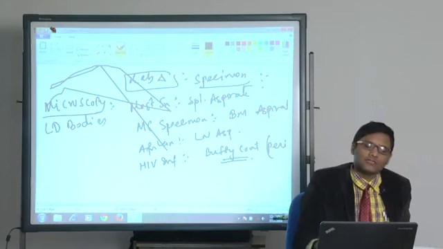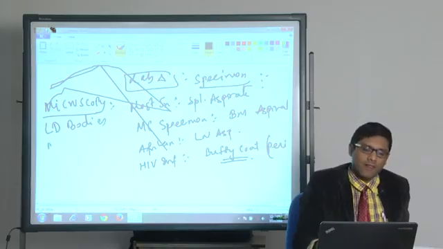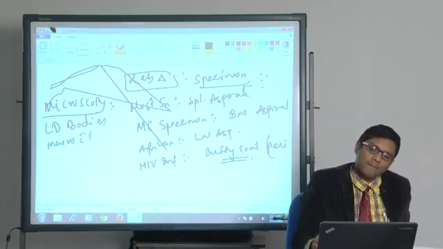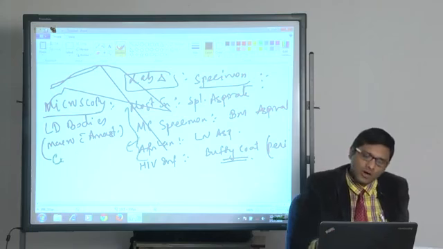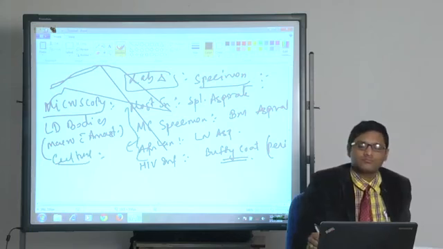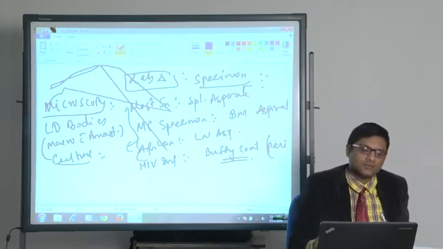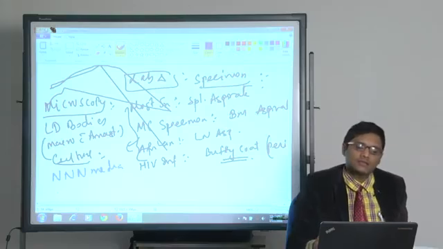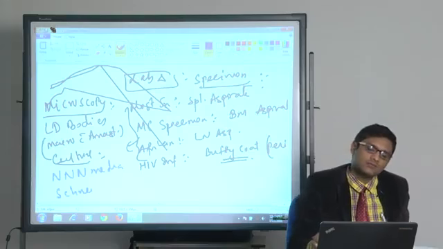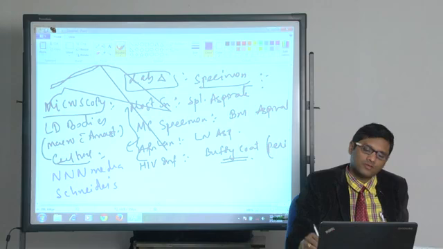LD bodies. LD bodies are what? Amastigote or promastigote? Macrophage containing amastigote. But when you subject all these specimens to culture, the culture medium is NNN medium and Schneider's Drosophila medium.